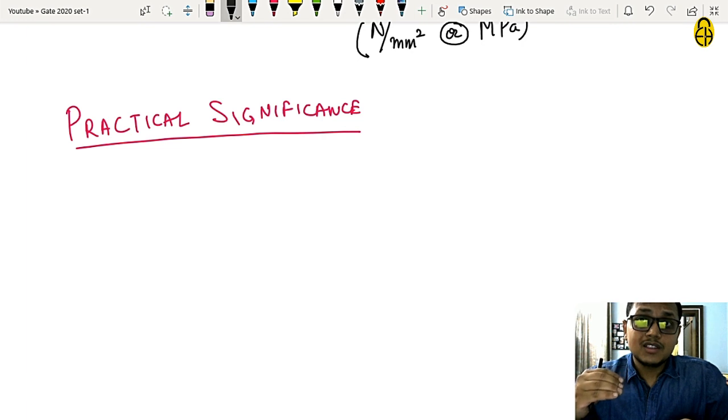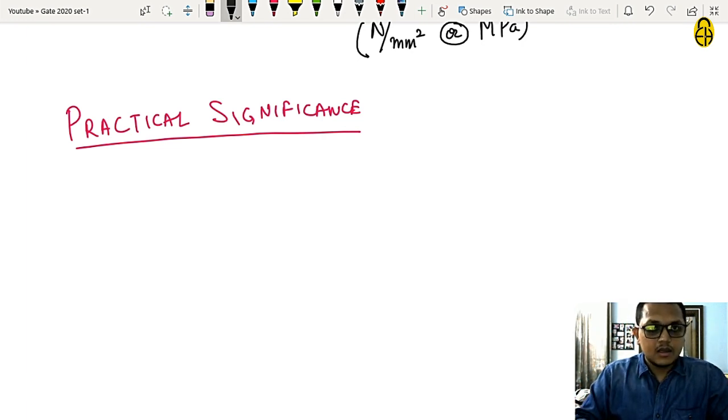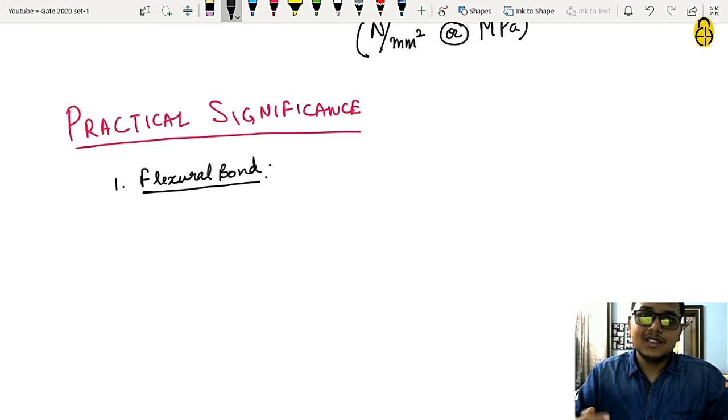Now, this bond resistance is induced in two cases. First is flexural bond. We can say this is the first case in which the bond resistance shows its application.